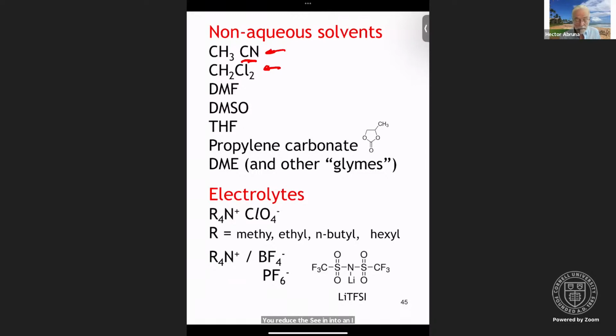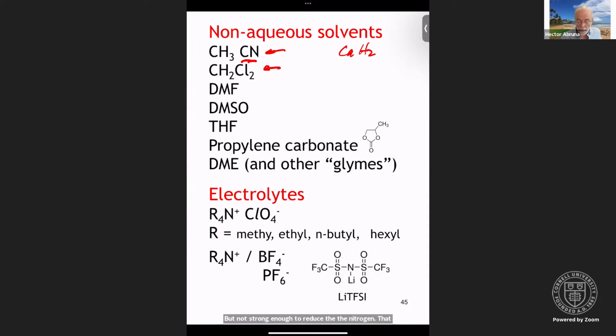At least in my experience, the best way to make dry acetonitrile is to distill it from calcium hydride, or reflux it from calcium hydride, which is a strong enough reducing agent to reduce any oxygen and water that you have, but not strong enough to reduce the nitrile group in acetonitrile.